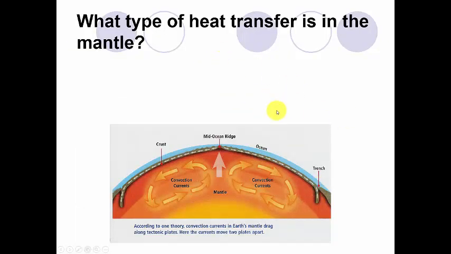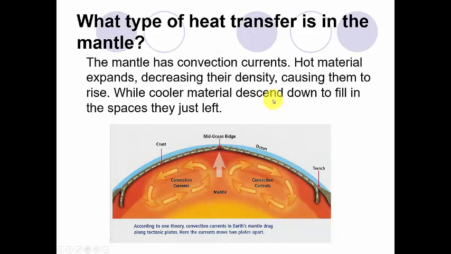Okay, what type of heat transfer is in the mantle? So where is the mantle? The crust is where we are at, and the mantle is the layer within the Earth. Hot material expands and decreases in density.